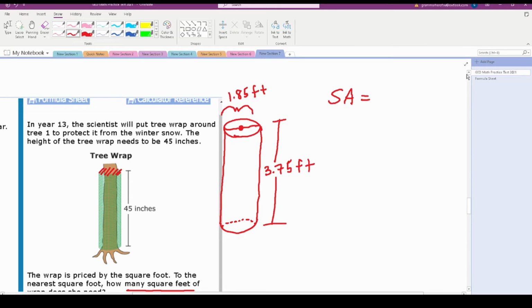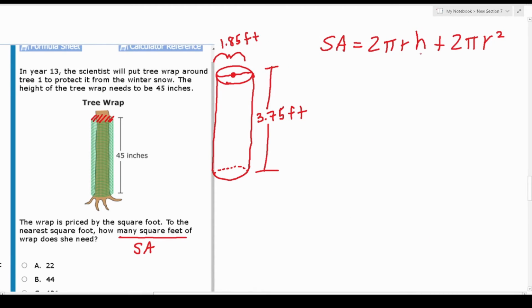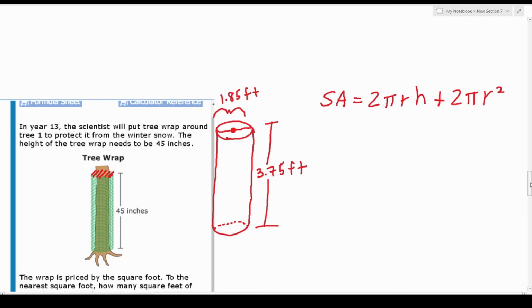Again, that's 2 pi r times height plus 2 pi r squared. Now, this is the formula to find the surface area of a cylinder, and it's broken down into two parts.